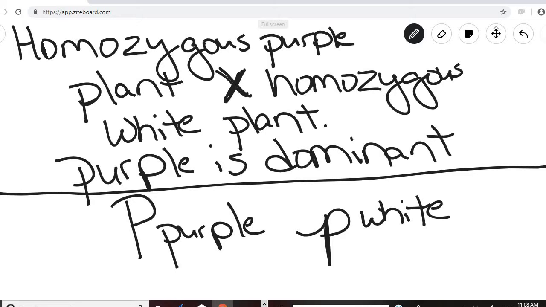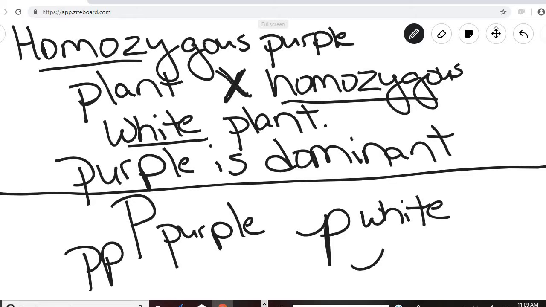Homozygous means that both letters of the two-letter genotype are the same. So homozygous purple would be big P, big P. And then homozygous white would mean that both letters are lowercase p. So we're going to cross capital P, capital P with lowercase p, lowercase p.